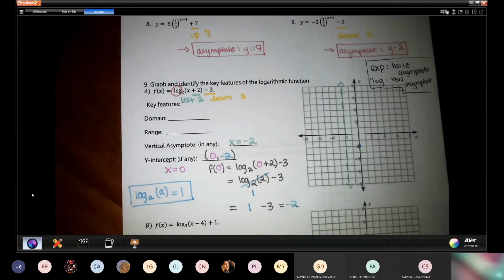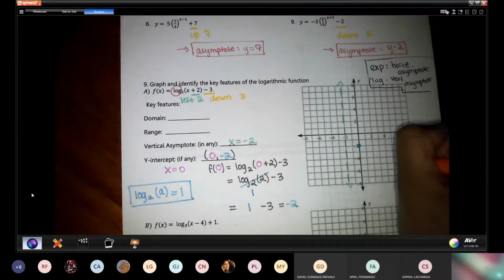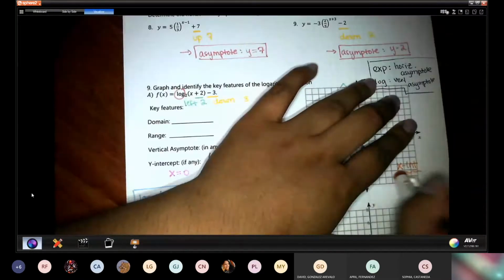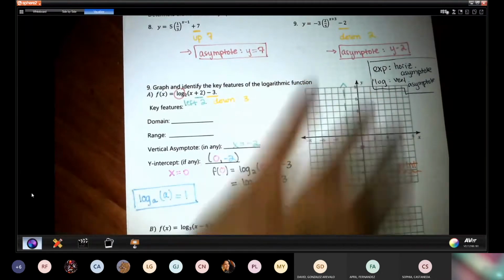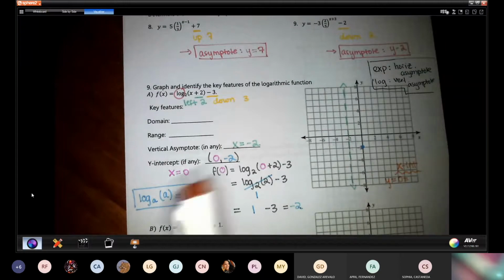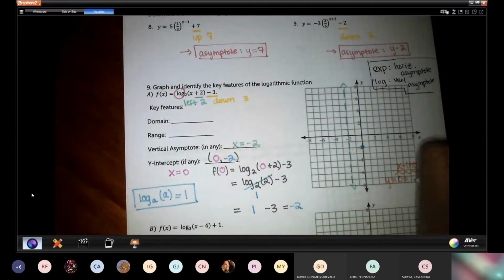Good. So for an x-intercept, y equals 0. I'm going to write it over here because I don't have any more space. Good. So y equals 0, right? Actually, here, I'm going to do this. So if y equals 0, that means this whole thing equals 0, right?